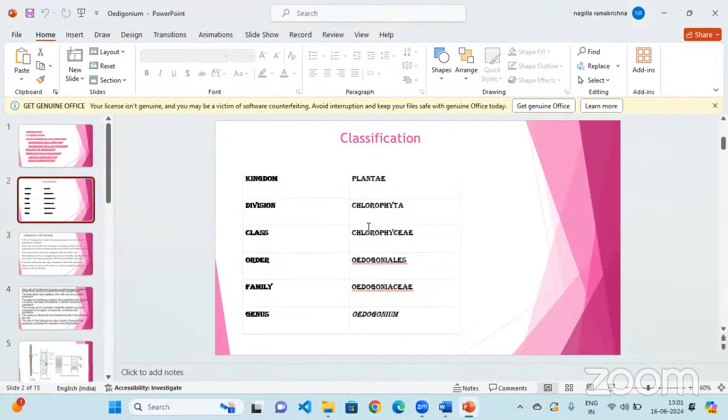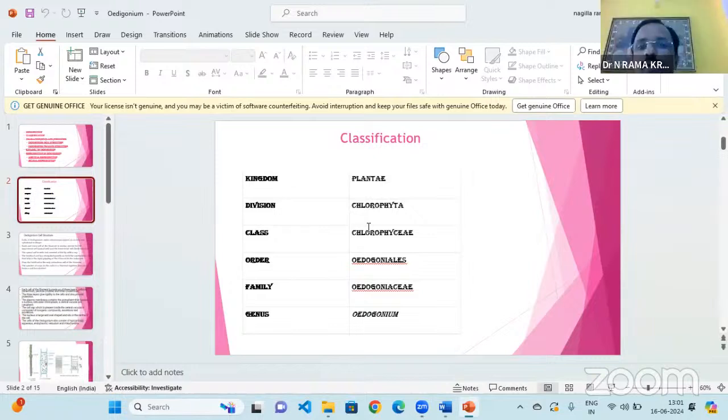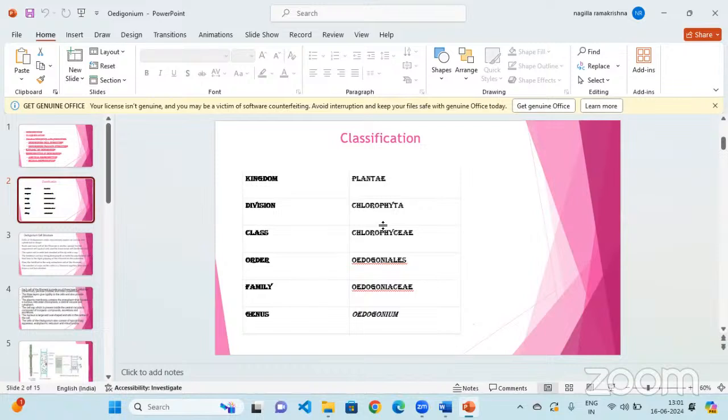This is Oedogonium. Oedogonium is most important. You see now, how many have you completed? Venkatesh, how many have you completed now? Chlorophyte one: Volvox.